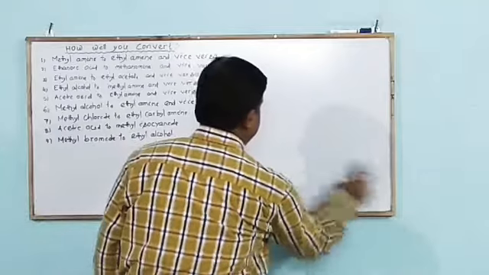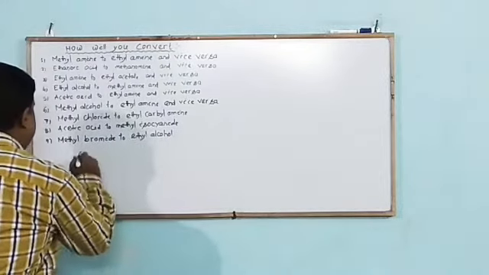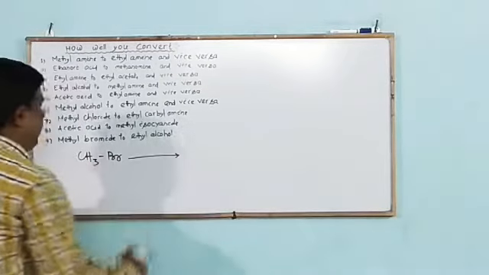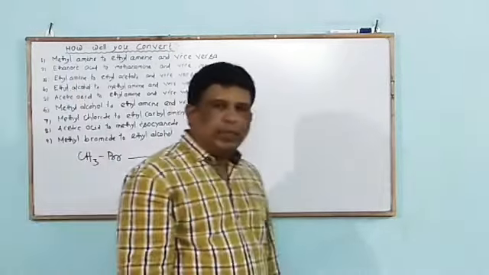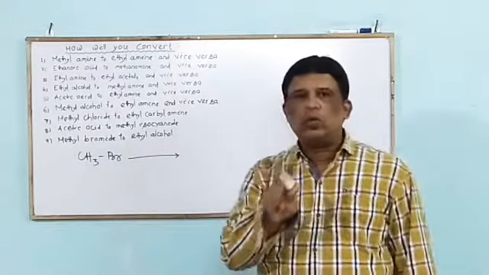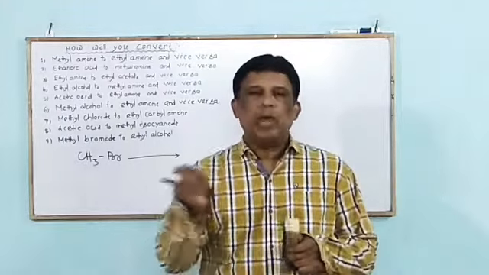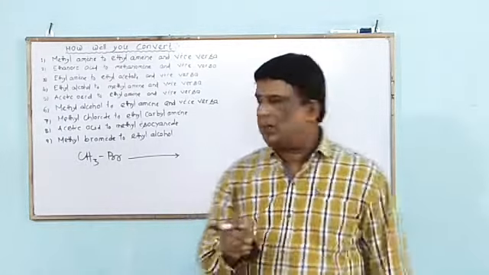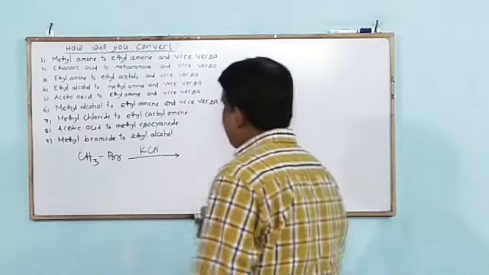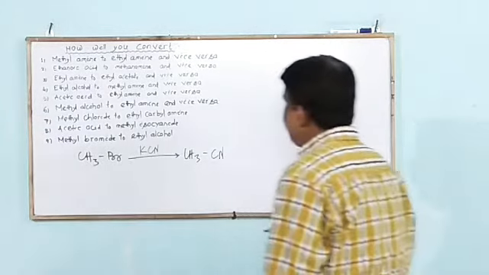Next question is methyl bromide to ethyl alcohol. In methyl bromide there is 1 carbon, in ethyl alcohol 2 carbons. That means it is a step up reaction. During this reaction, we have to insert 1 carbon atom. Methyl bromide reacts with potassium cyanide to form methyl cyanide.